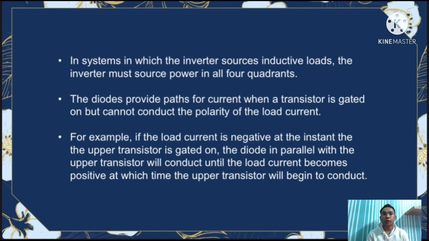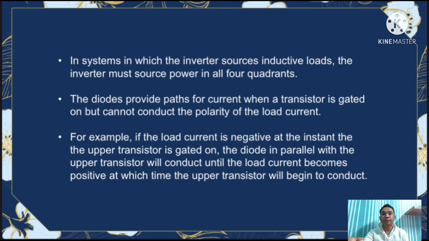In systems in which the inverter sources inductive loads, the inverter must source power in all four quadrants. The diode provides a path for current when a transistor is gated on but cannot conduct the polarity of the load current.